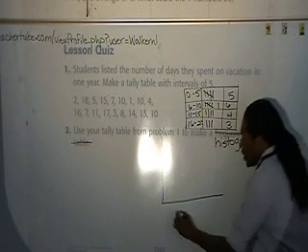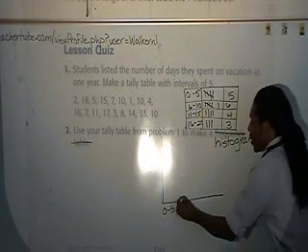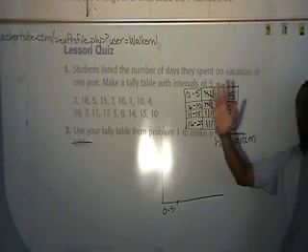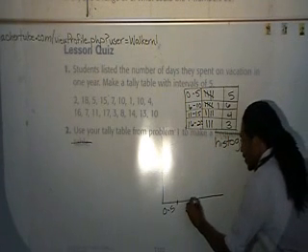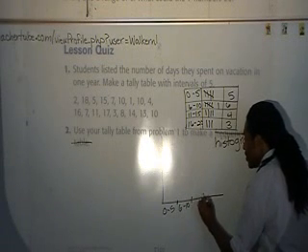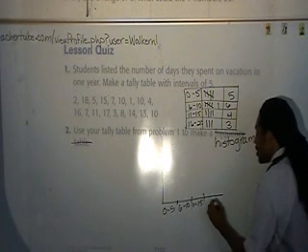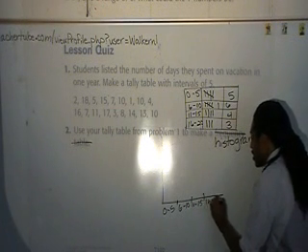So we have 0 to 5. And these bars are going to be connected because numbers are continuous, so we connect them together. We have 0 to 5, 6 to 10, 11 to 15, and 16 to 20.